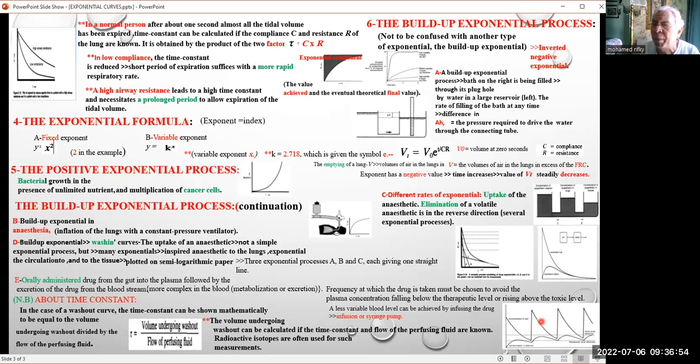And in the plasma, this is the point that's complicated, because we have a problem of elimination and metabolism of the drug in the plasma. So there are several exponential processes dealing in the blood, or it is a complicated process. So this makes the curves. You see, I want to assure that whenever I take a drug, I must maintain a plasma level.